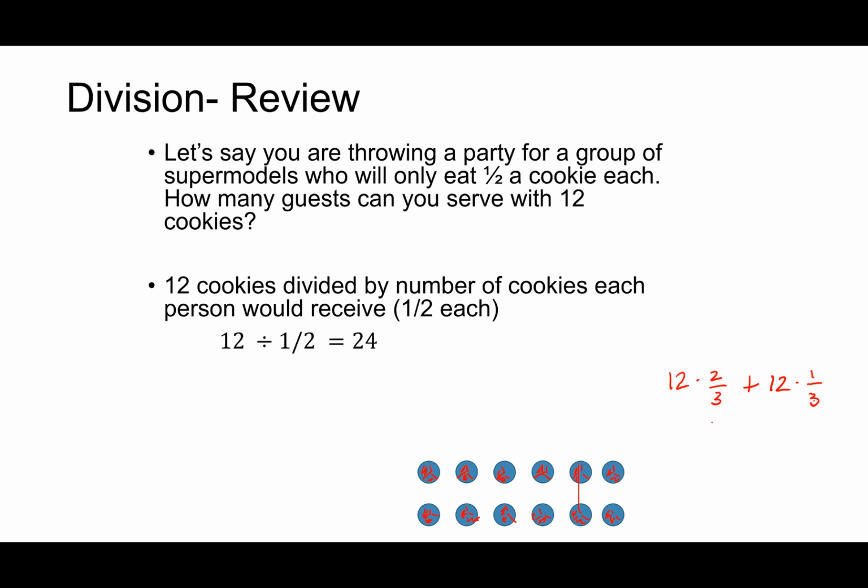Okay, so let's see how much that would be. That would be more than 24, wouldn't it? It'd be like 3 times 12, which is 36, plus 37 thirds. I don't think I did that right.